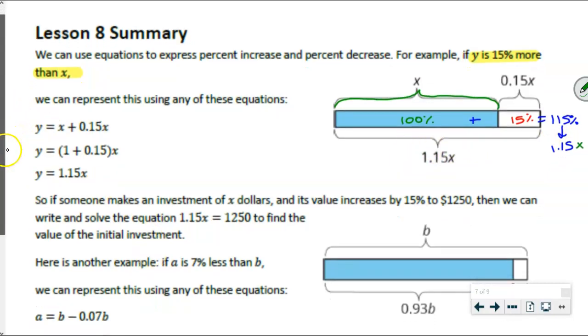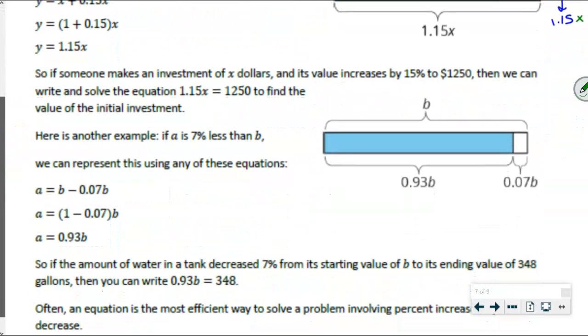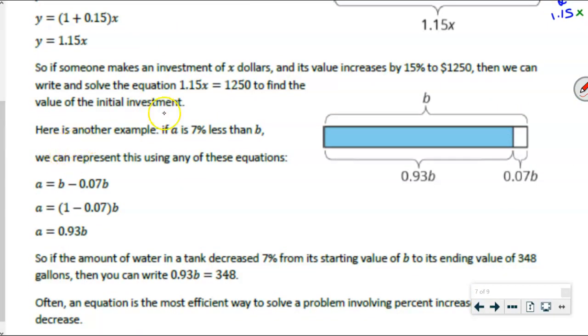We can see the same type of thing in the next model. If A is 7% less than B, we would still start with our 100%. You can see that is B, and that is 100%. But if it's 7% less, that means this amount here is that 7%, and that is how much it is being reduced. 100% minus 7% is equal to 93%.